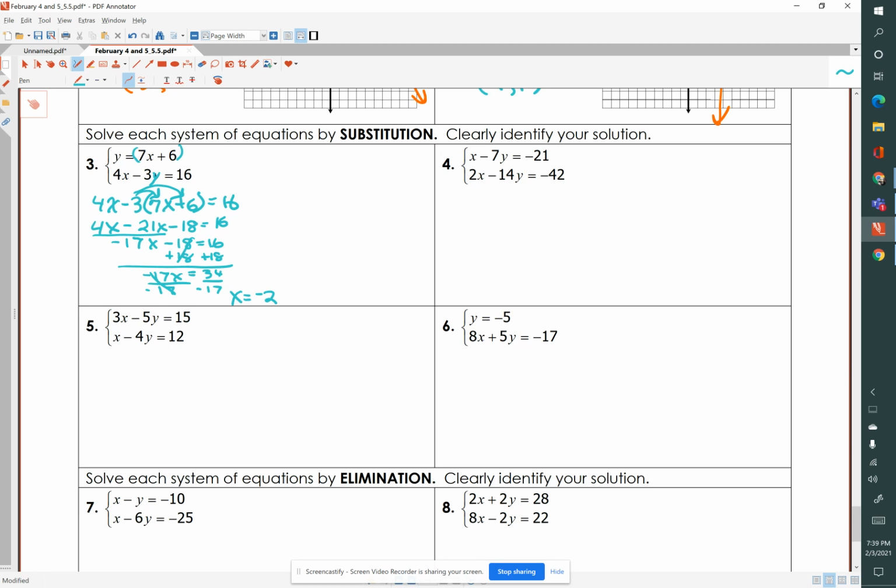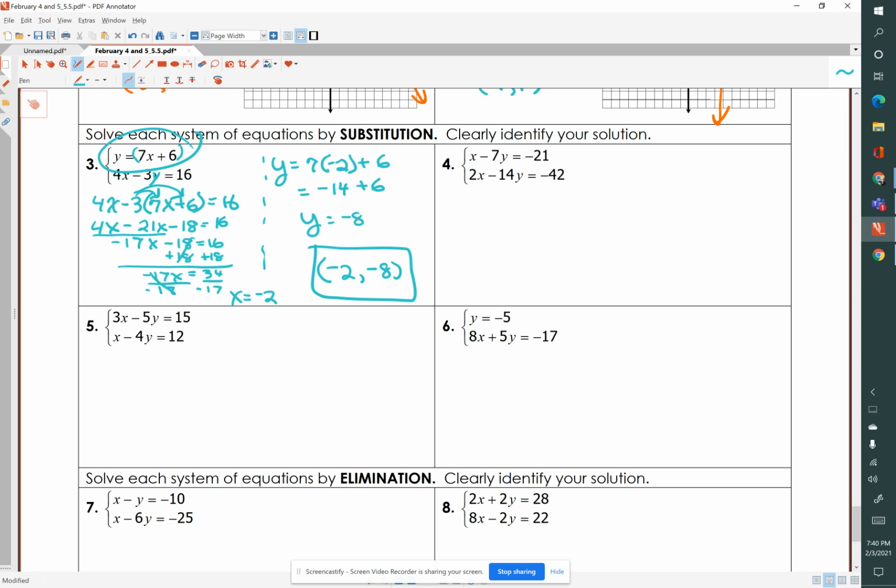So let's substitute x equals negative 2 in the first equation for x. So y equals 7 times negative 2 plus 6, which is negative 14 plus 6. So y equals negative 8, and our solution is negative 2, negative 8.